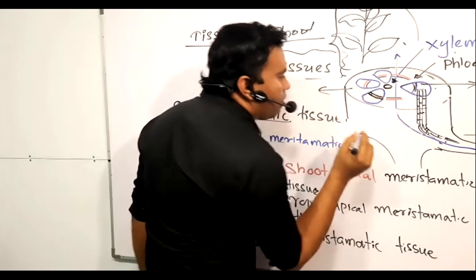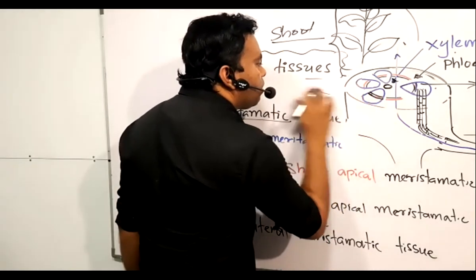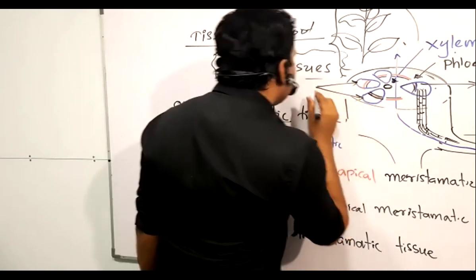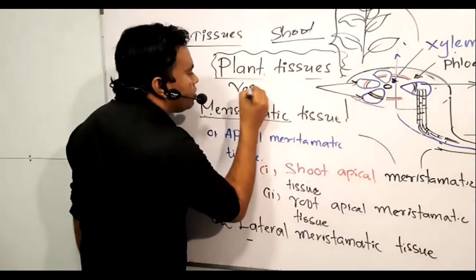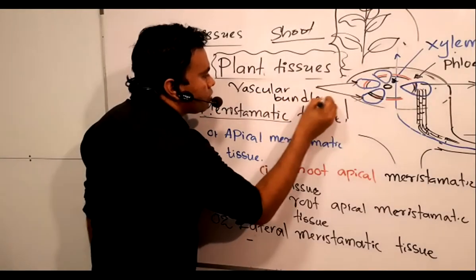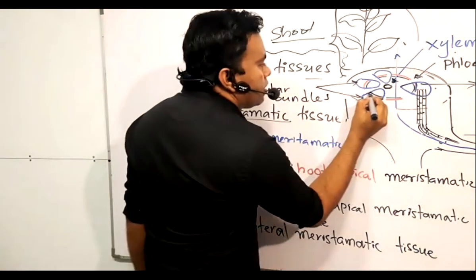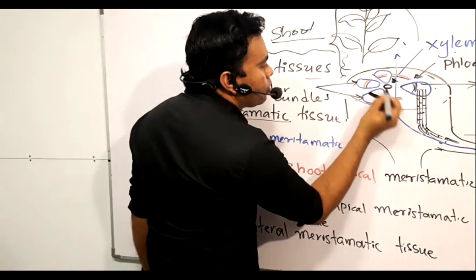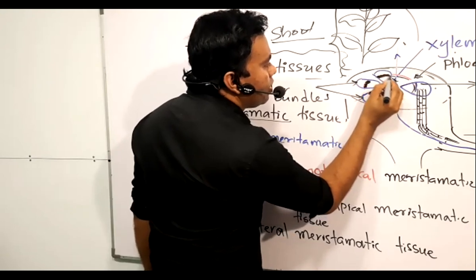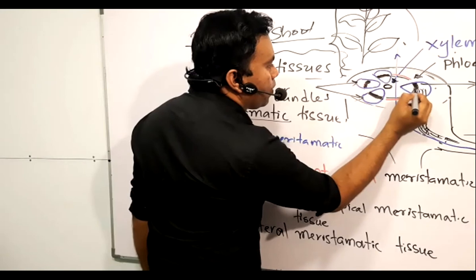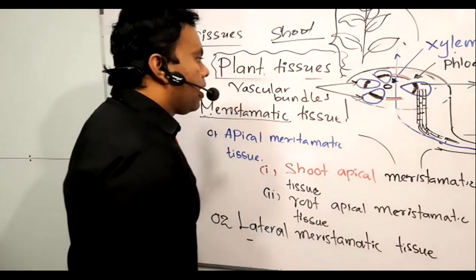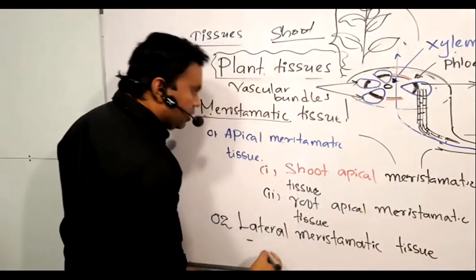At the middle of these vascular bundles, sound it, practice it. Vascular bundles. This lateral meristematic tissue exists at the middle of these vascular bundles. Therefore, this lateral meristematic tissue is represented by the vascular cambium.